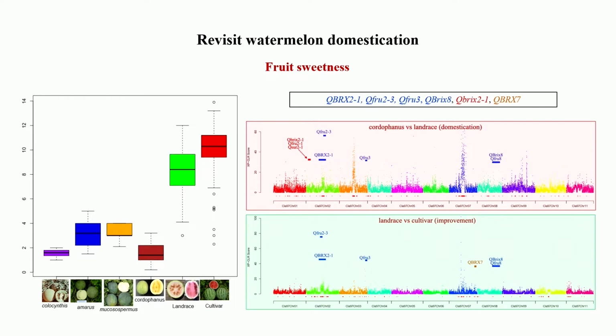So sugar content could be the most domesticated trait in watermelon. That's why we got a lot of domestication sweeps overlapping with fruit sweetness QTLs, both during domestication and during improvement.